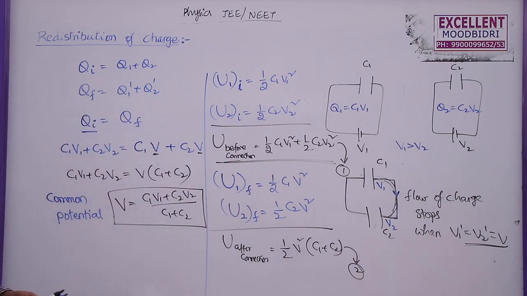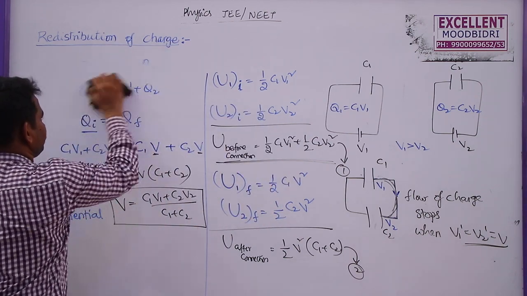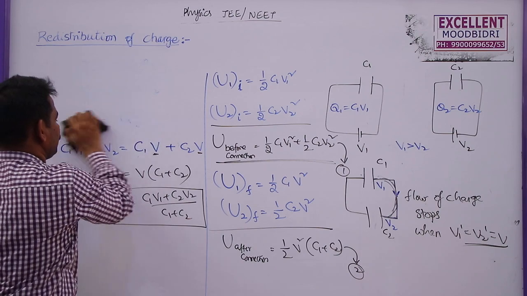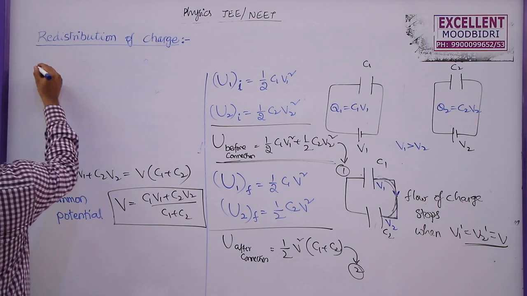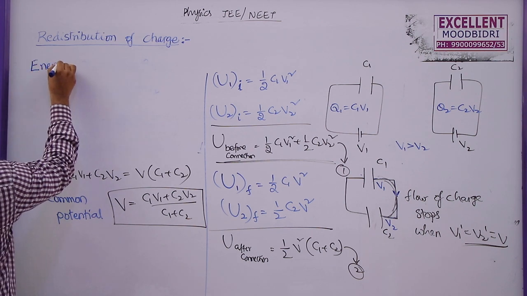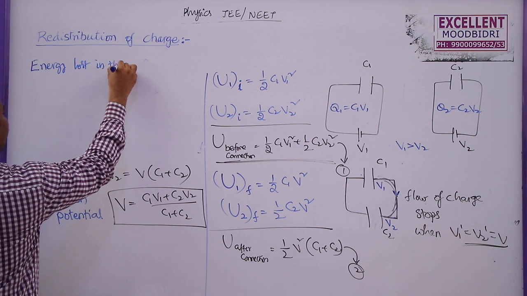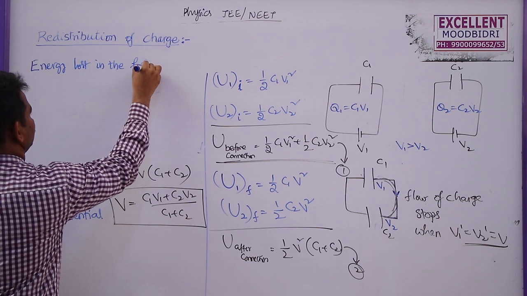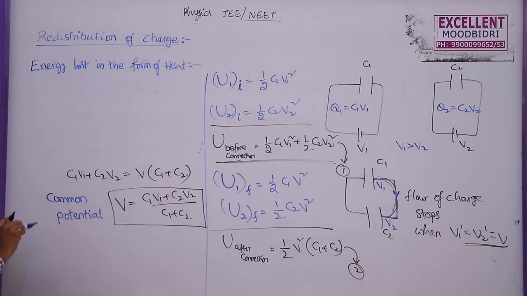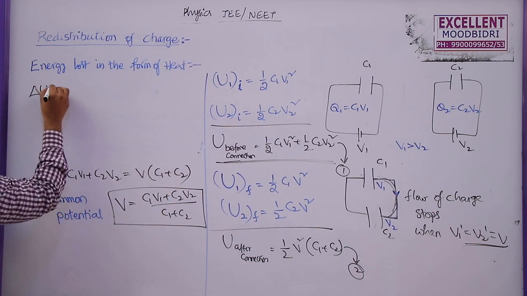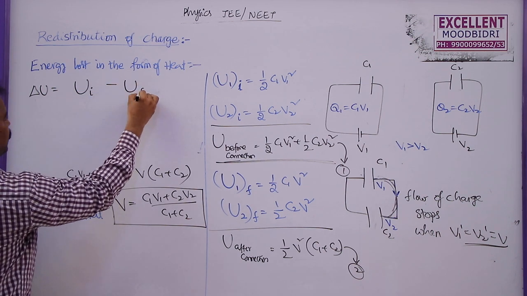The energy lost in the form of heat is given by delta U, which is equal to the initial energy, which is more than the final energy.